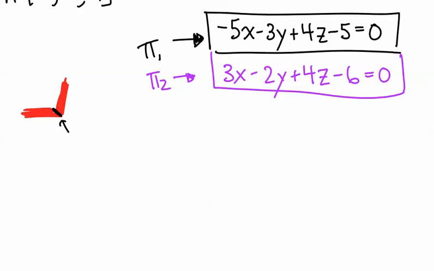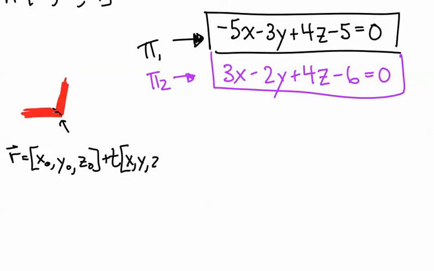All right, cool. So we know a line has an equation with a point and a direction vector. So we're trying to figure out a point and a direction vector. We're trying to make our equation that looks like this. If you'll notice, there's a parameter here.